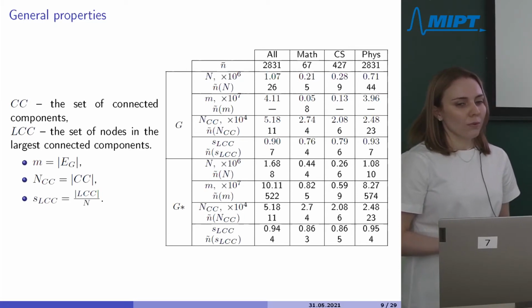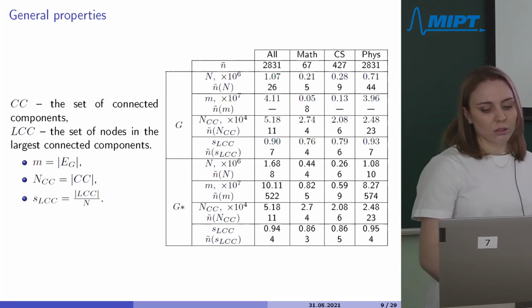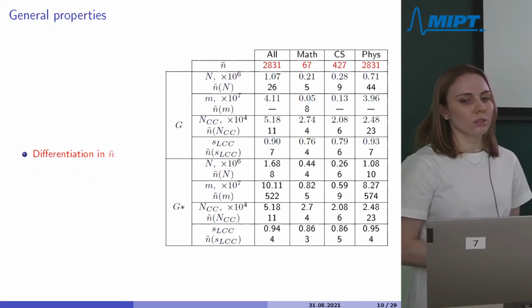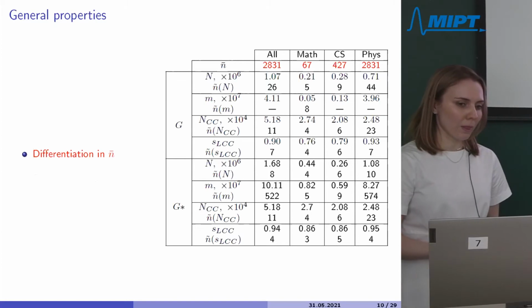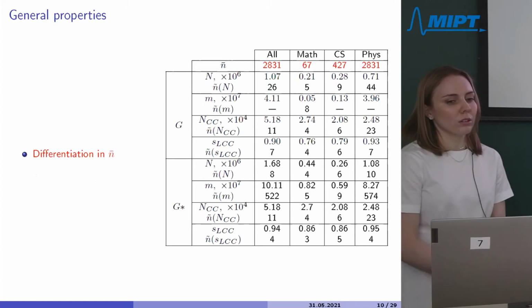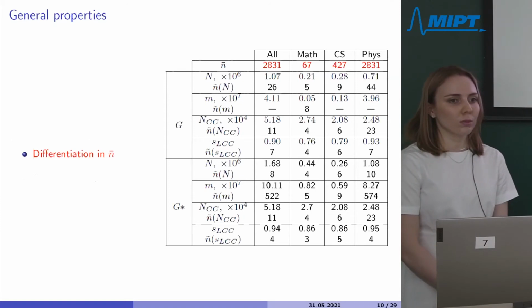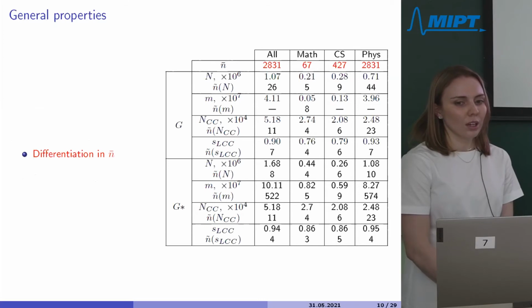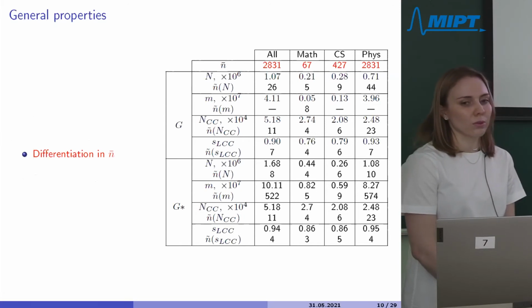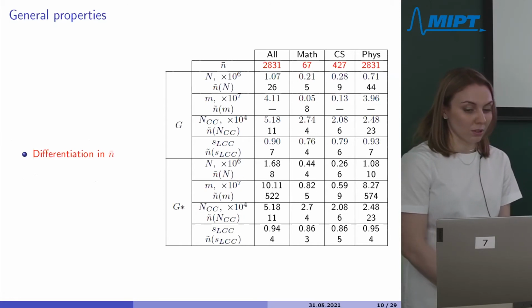So first of all, the first thing which should be noted is differentiation in the maximal layer in the statistics. So we see that in math and CS, this layer is much smaller than in physics and, of course, in the whole database.